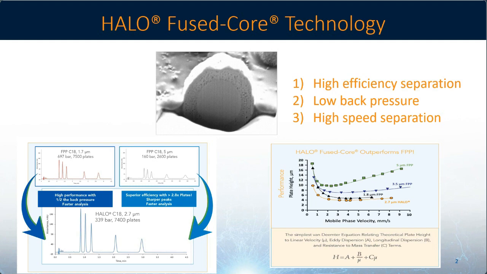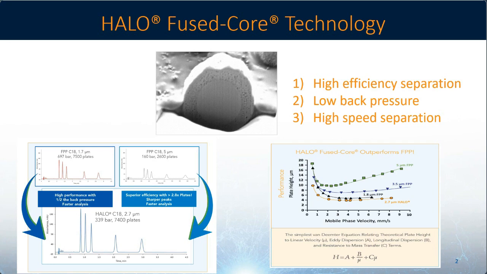Now conversely, when we compare this to the C18, the 5 micron particle, we would expect the lower back pressure with the larger particle size, which we see at 160 bar for the FPP as compared to 339 bar for the SPP. But we do see a real drop off in plates.